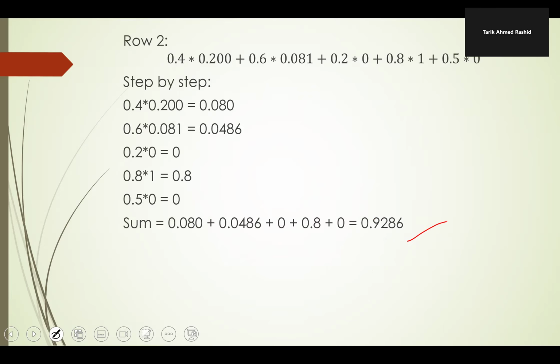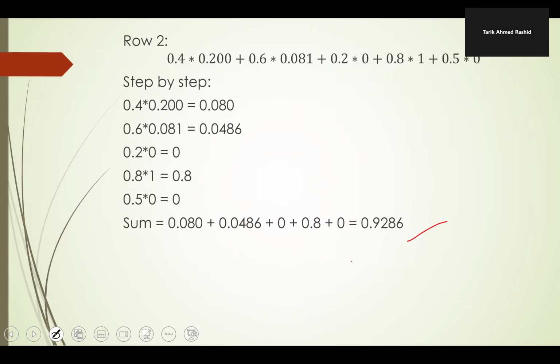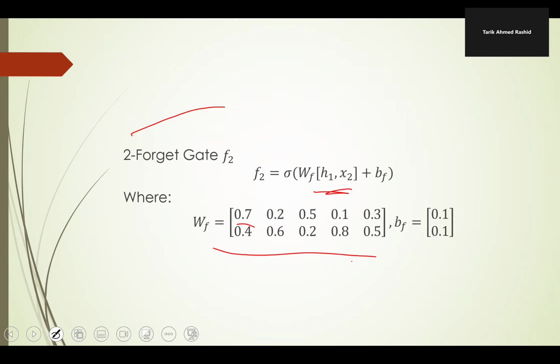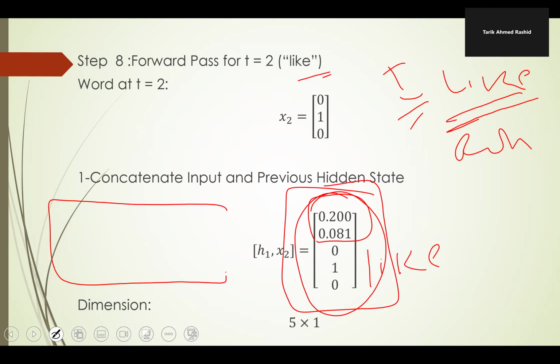Then we add the biases and subject them to the sigmoid function. So these are the forget gate. What happens is the weight matrix WF is multiplied by the input plus hidden, which is this one. So that's the whole process.